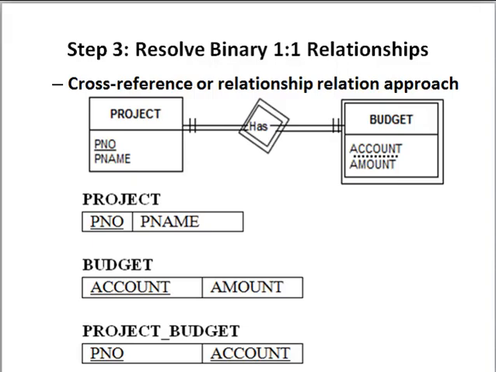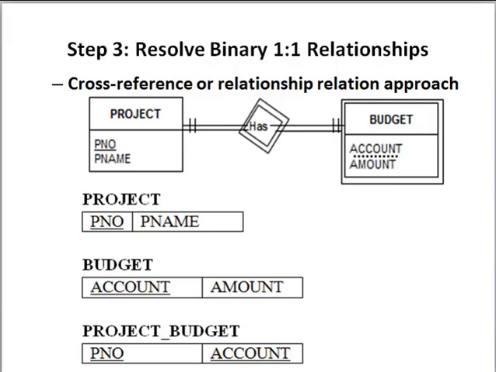Here we have the same example, but in this case we're going to use what's known as a cross-reference or relation approach. So we have, again, our one-to-one relationship between the 2 entities. We create a project relation in step 1, a budget relation in step 2, because it's a weak entity.